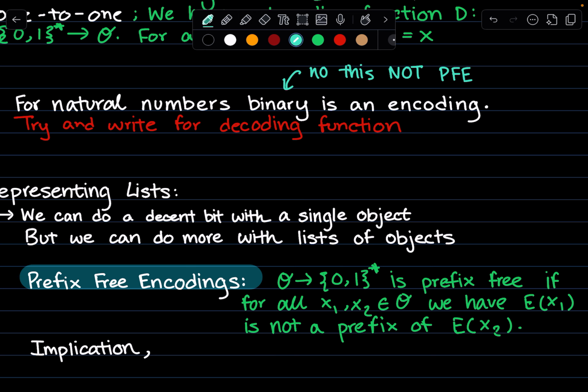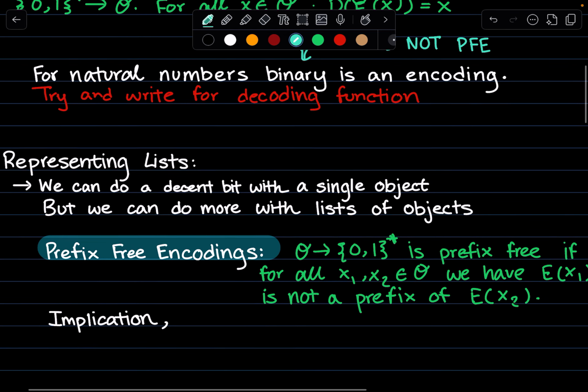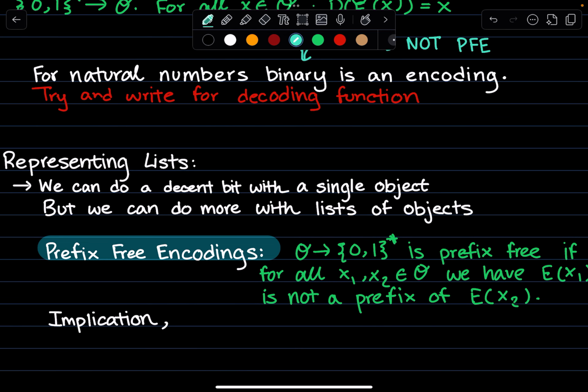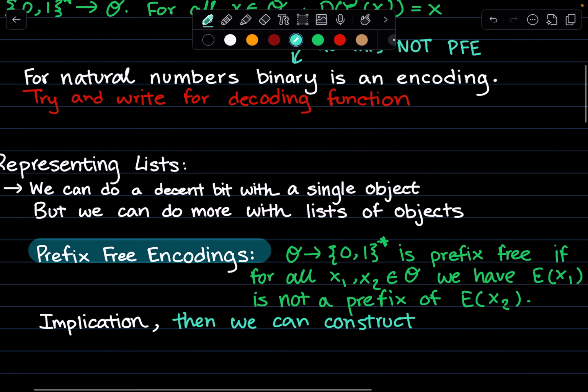Okay, so with prefix-free encodings, as you may imagine, we will very easily be able to construct lists of objects. And so if we have a prefix-free encoding, then we can construct a list of objects. And the proof for this is rather simple. It's more just through intuition, actually.